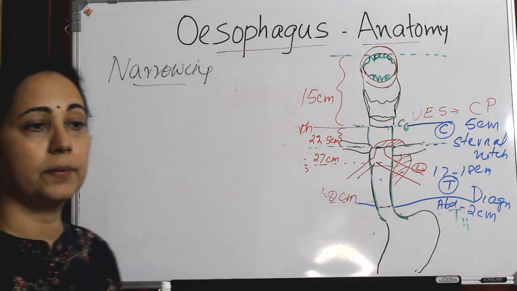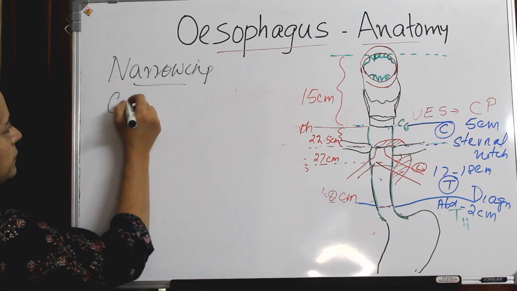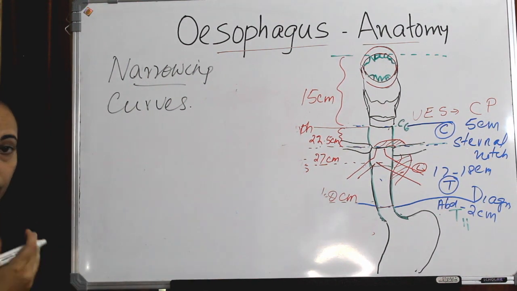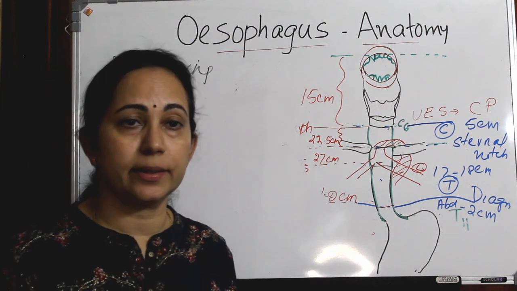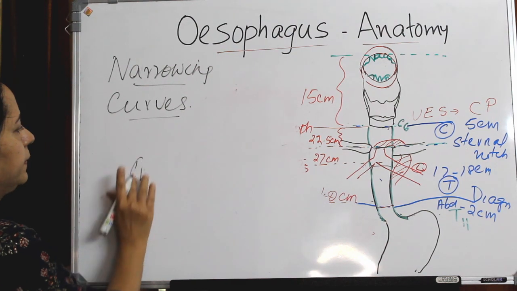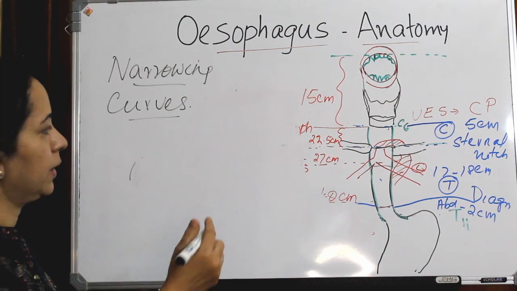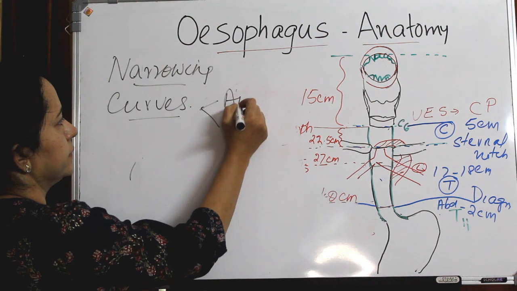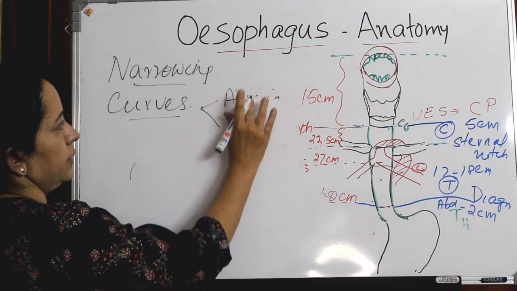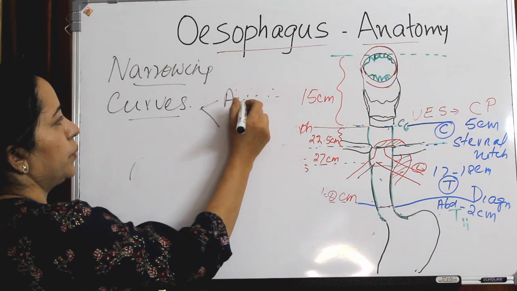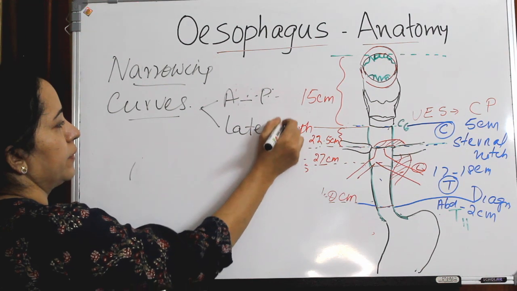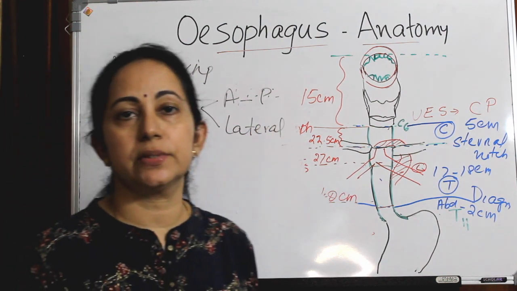After narrowing, remember the curvatures of the esophagus. It has an anteroposterior curvature and also lateral curvatures. The anteroposterior curvature I already explained.